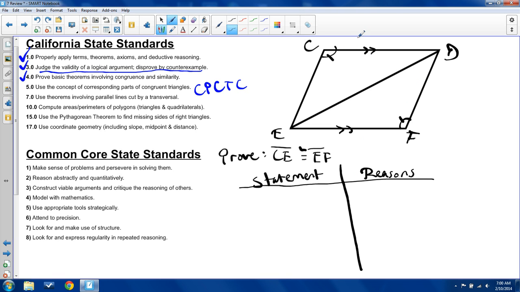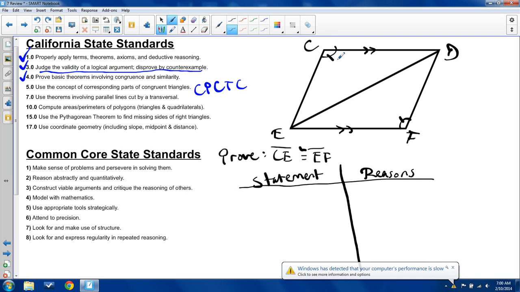Like, I can see that this maybe should be a parallelogram, or perhaps an isosceles trapezoid. Now, in this case, that's not true. I'm just saying, or a rhombus, or a kite, or whatever. Figure out what kind of shape it could or should be. And if you can prove that it's that kind of shape, then you can prove these segments are congruent, but only after that fact. Or in this case, if I prove these two triangles are congruent, then I can prove its corresponding parts are congruent.